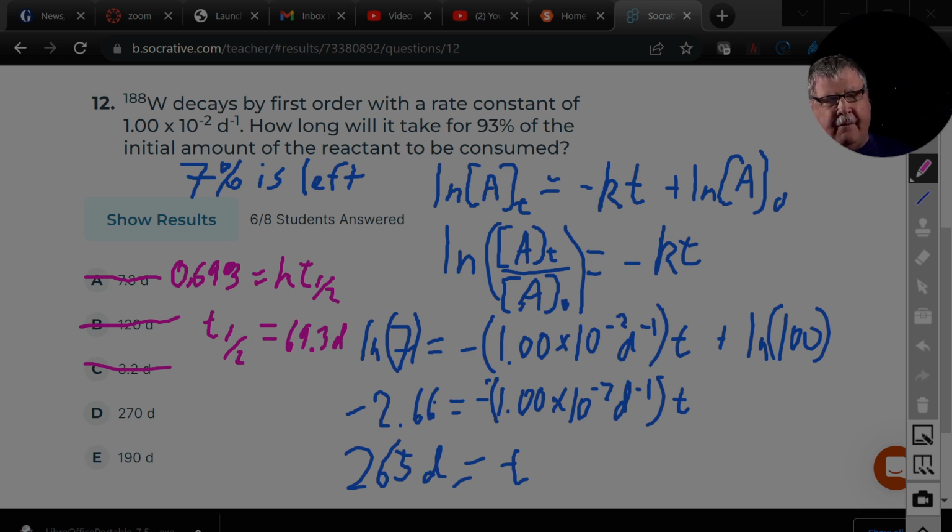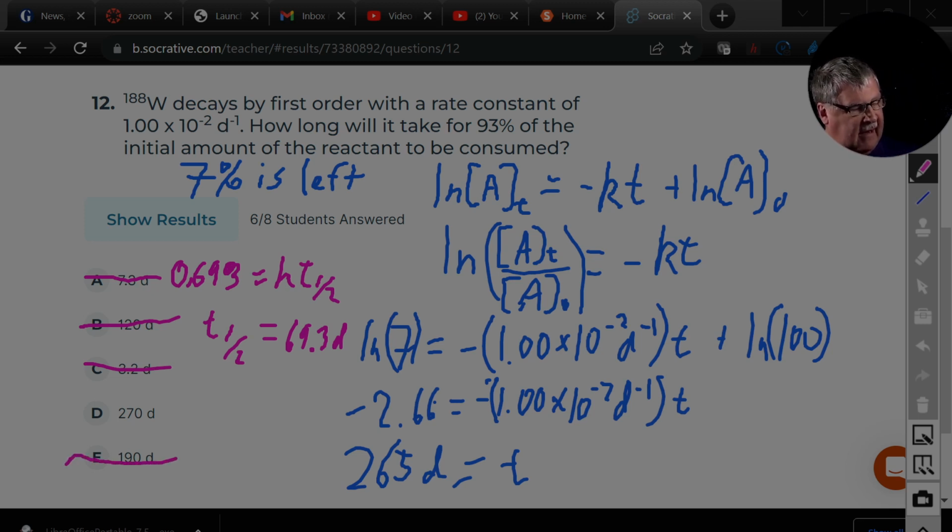After 3 half-lives, which would be about 210 days, I am down to, what would it be? 12.5%. So again, I'm still not at that 7%.